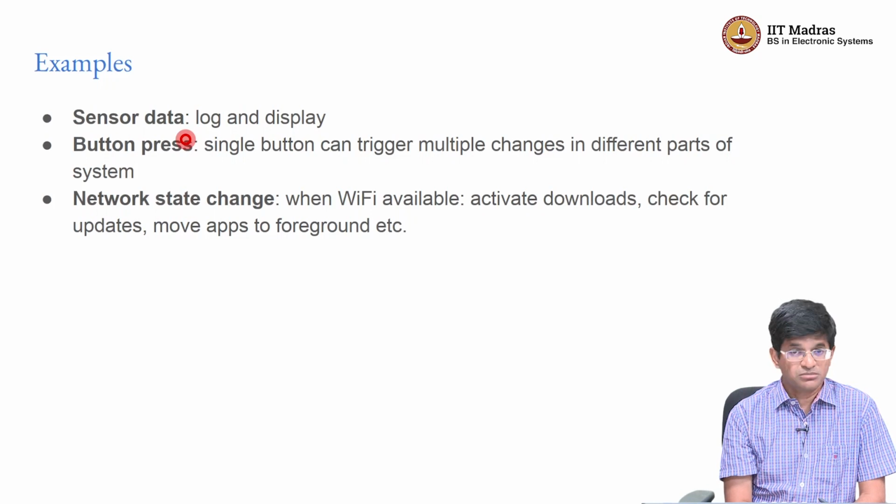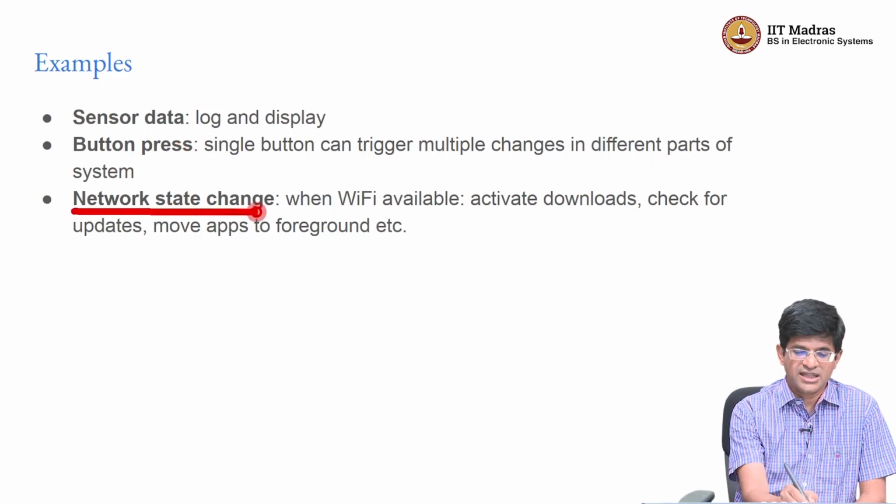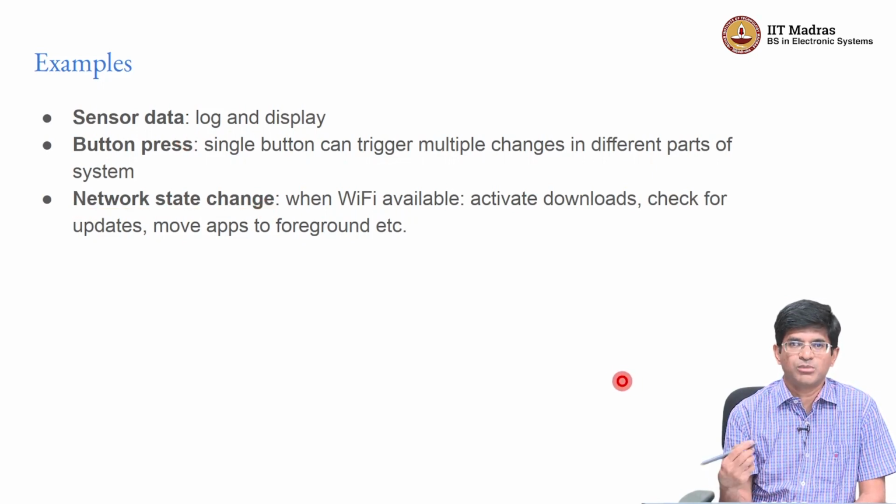You could move some apps into the foreground so that they can update themselves. You can check for OS updates. All of that can happen the moment that Wi-Fi gets activated. Once again, the same idea: there was a state change which in turn triggered a number of different observers and caused them to respond.